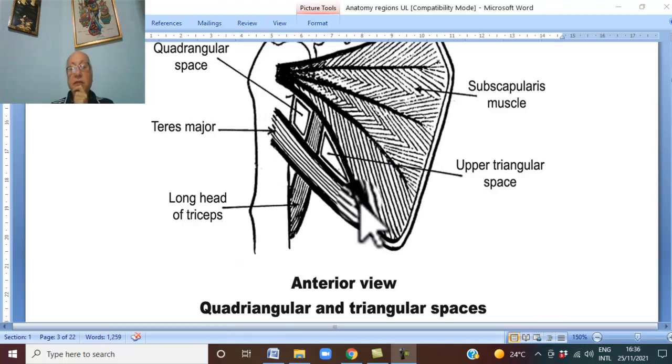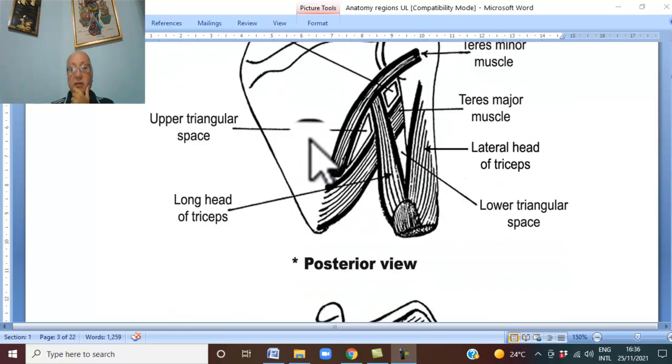From below, it is bounded by teres major. Laterally, it is bounded by the long head of triceps.